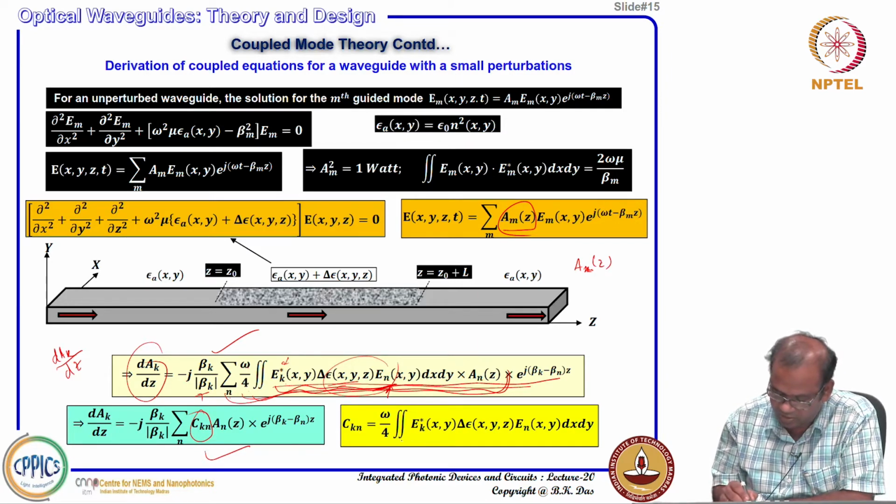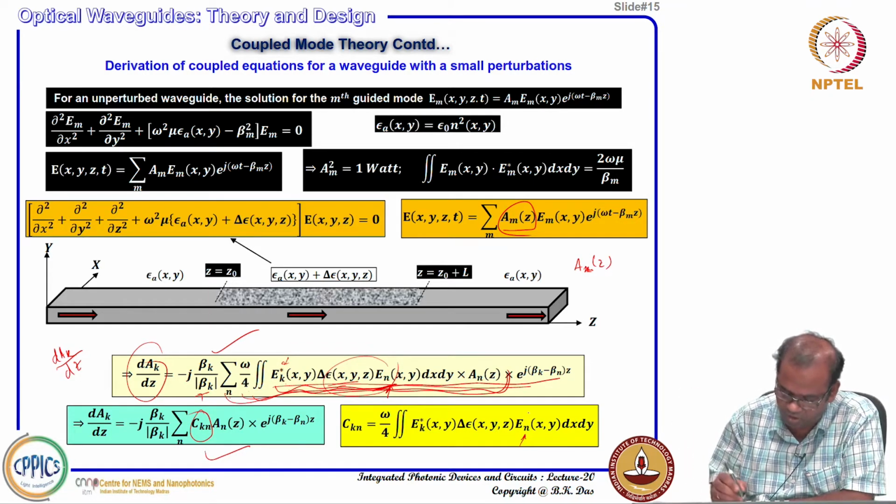If I change the n different mode, n equal to 0, 1, 2, 3, 4, and so on, and suppose the kth mode is 1, then I will be writing C1,0, with E0 here, and this would be E1.